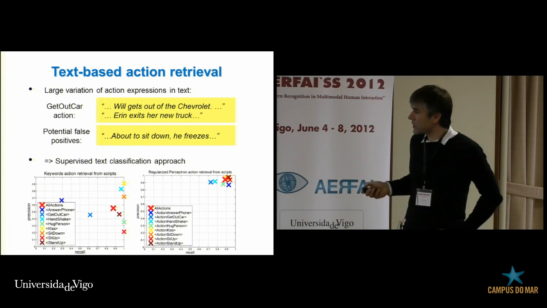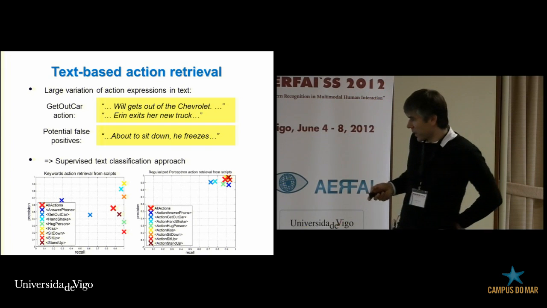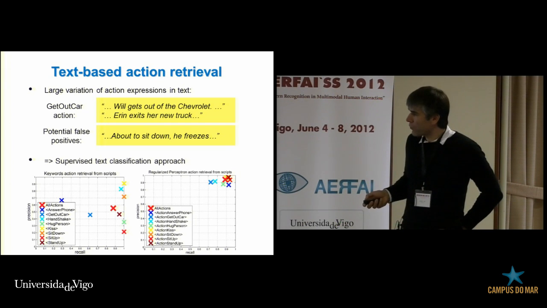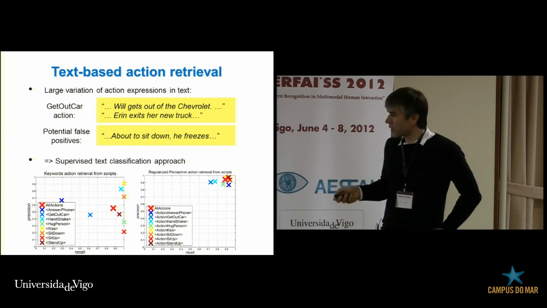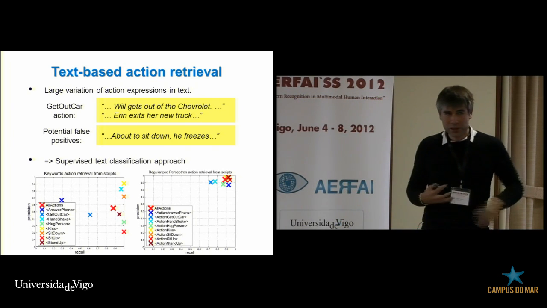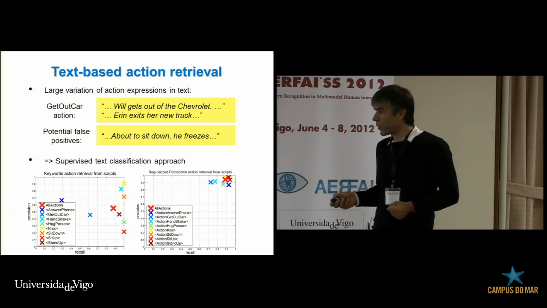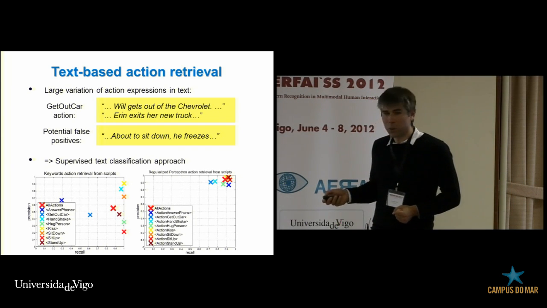Here what we see are two precision-recall plots, showing points, not curves, for different types of actions. The left plot corresponds to action retrieval in text, not in video, just in text by keyword search. If we search for get out of the car, we get quite low recall and precision.